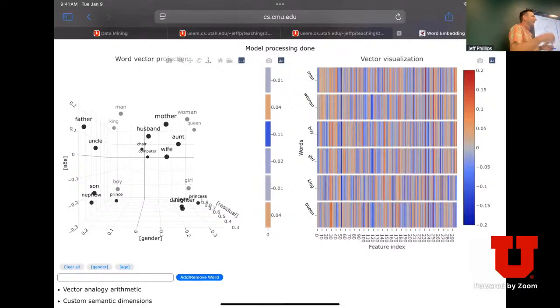The data sets are big to load on a web thing, and so the 50-dimensional one was much noisier than 300 dimensions. But even the 300-dimension one, the stuff that ChatGPT is using now is much higher dimensional, much more complicated than this, and it would take a long time to load in the demo here.